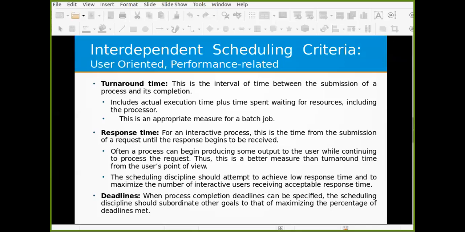As soon as I provide one input, whatever the response to that input is, it should come immediately to me. You do not want to wait. That is called response time. One input you provide, one interaction you do, and you want to get the response to that. I hope this example helps you to understand the idea.